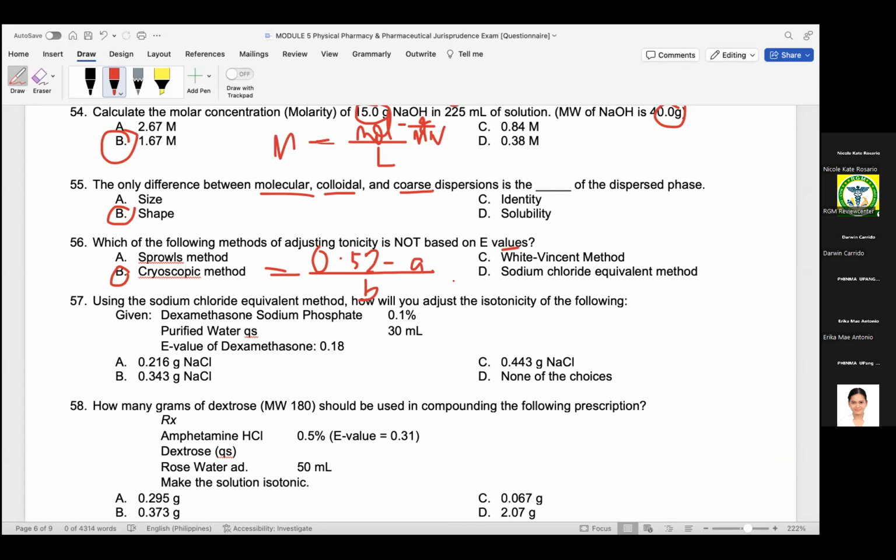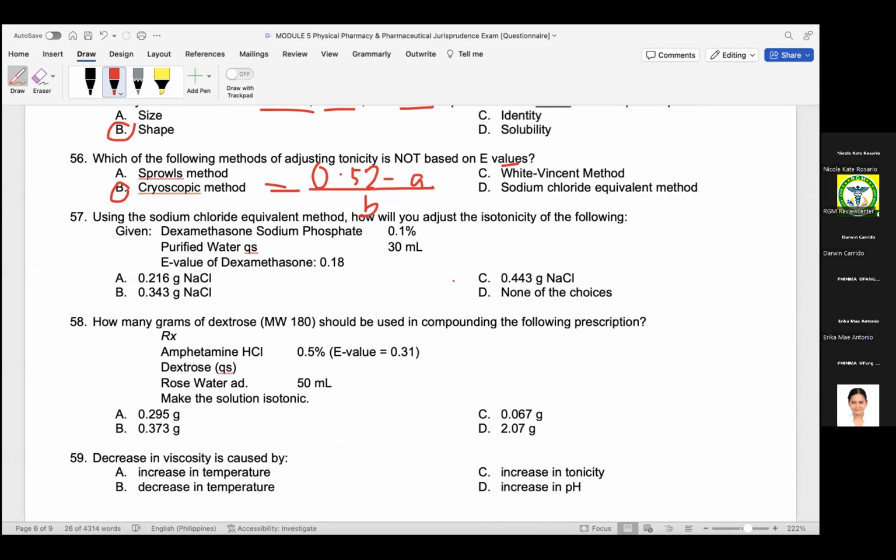Number 57, using the sodium chloride equivalent method, how will you adjust the tonicity of the following? Dexamethasone 0.1%. The E-value of dexamethasone is 0.18, and 30 ml is the final volume. So, i-shortcut ko na lang.